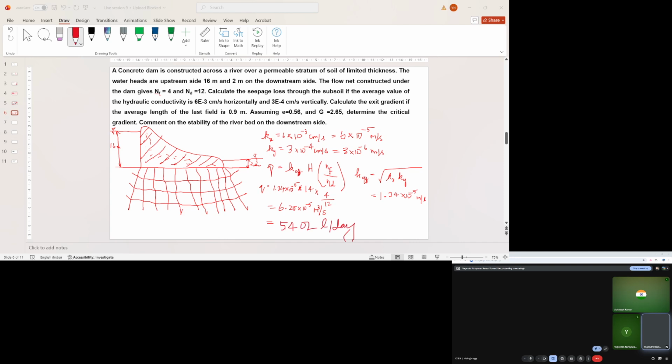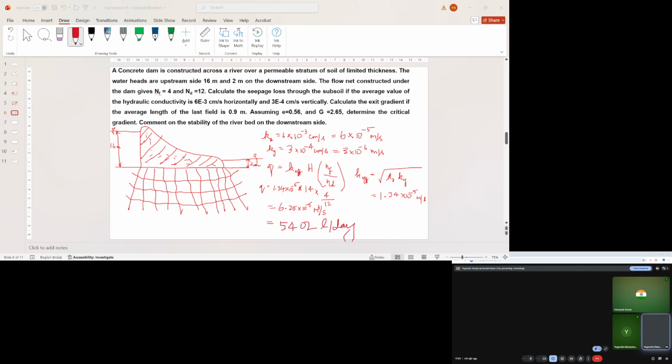I exit is the head loss per drop, delta H, divided by the length of the last element, L exit.